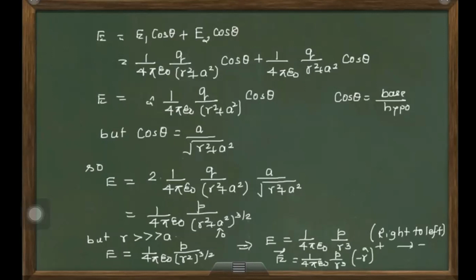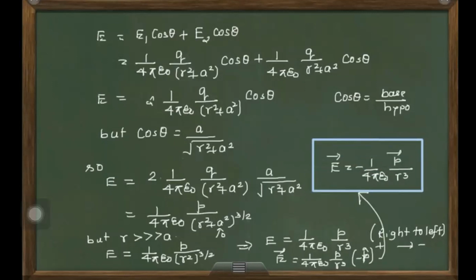If I'm writing it here, I can write vector E is equal to minus 1 upon 4 pi epsilon naught, then vector P divided by r cube. So this is your final answer.